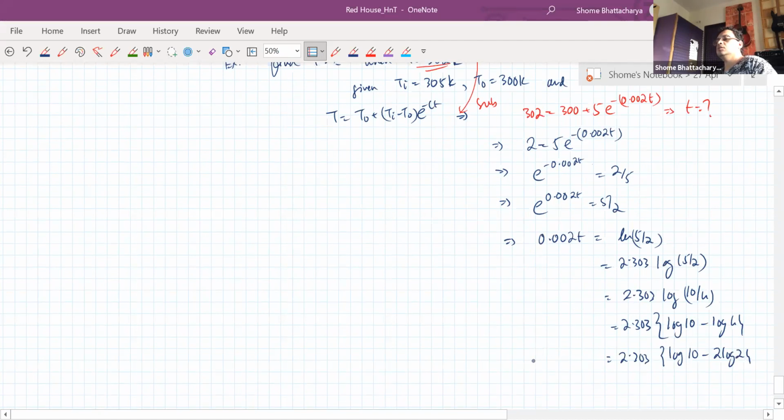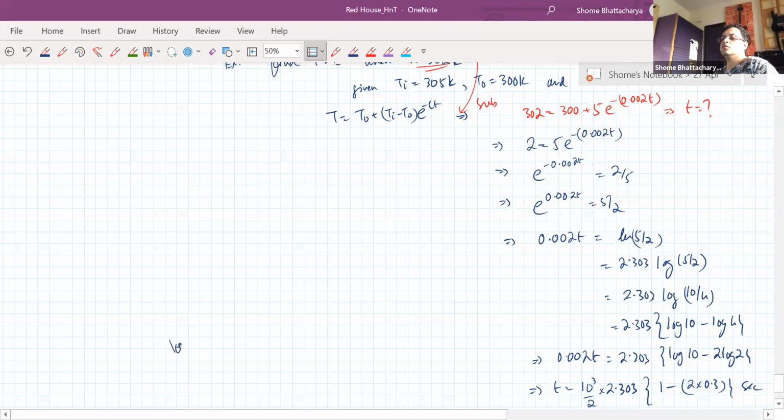This is 0.002t, right? So t will become 10 raised to the power 3 by 2 into 2.303 into 1 minus 2 into 0.3. So this much in seconds.